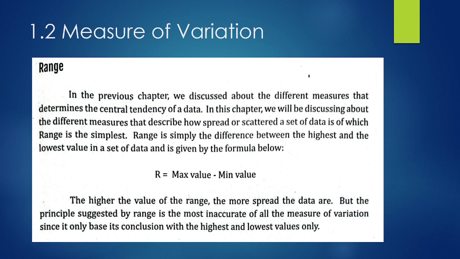Take note, again, the higher the value of the range, the more spread the data are. But the principle suggested by range is the most inaccurate of all the measures of variation, since it only bases its conclusion on the highest and the lowest values only.